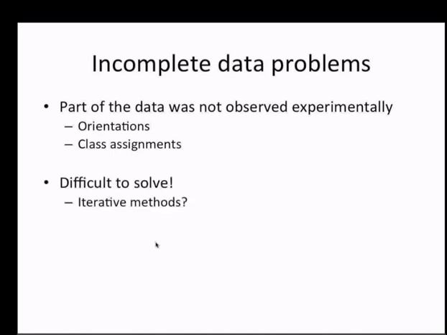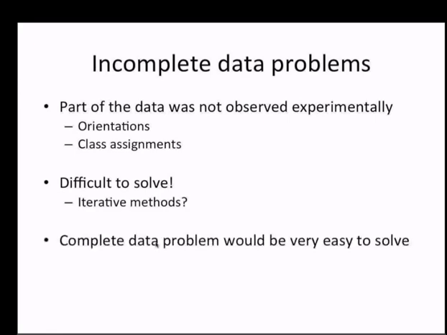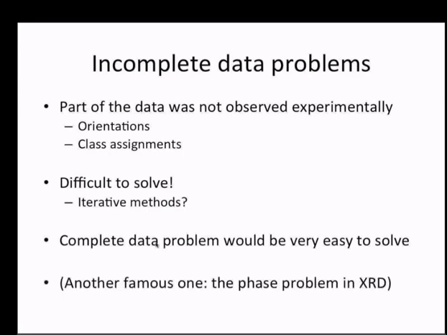Now, in general, these incomplete problems are relatively difficult to solve. Often people use iterative methods, although not necessarily. But the common characteristic, and that's the usefulness of thinking about this, is that if the data problem were complete, then it would be very easy to solve.